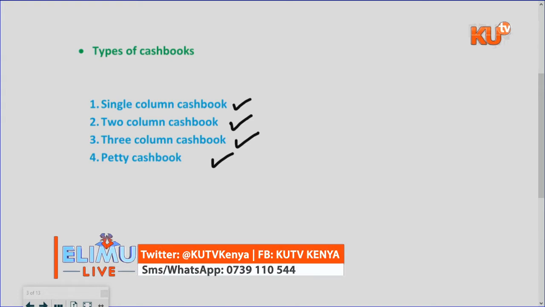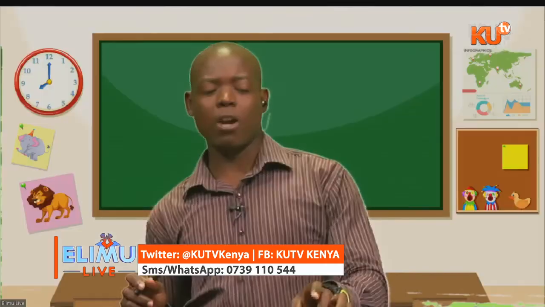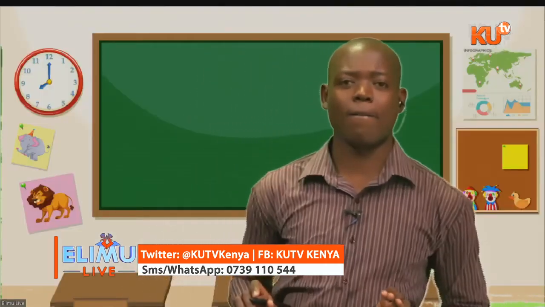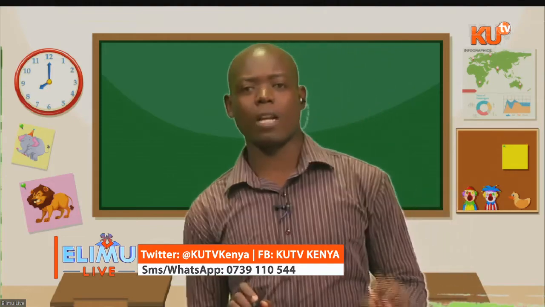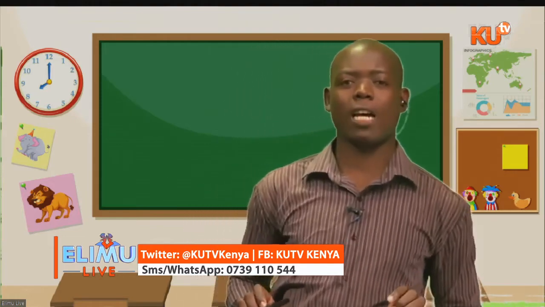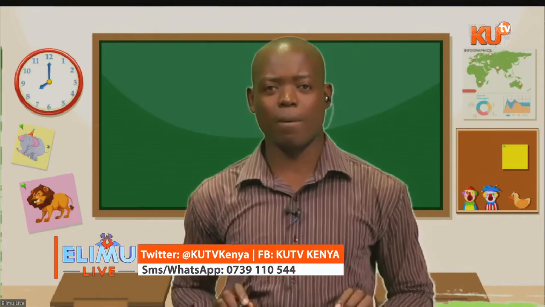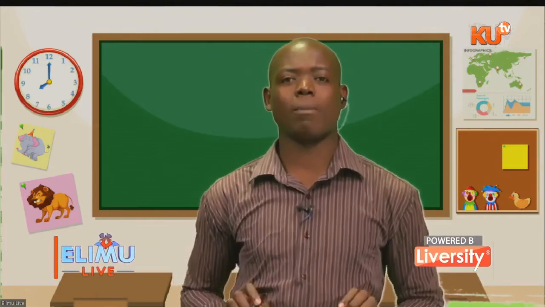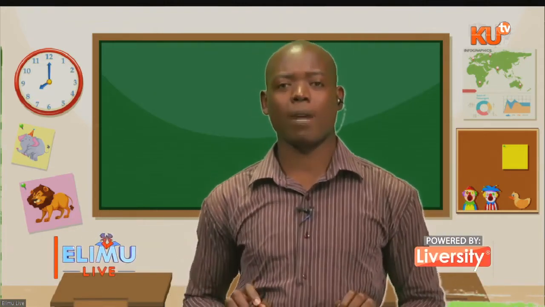And that's why, in our lesson today, we are going to discuss the first 3 types of the cash books. But because of time, we may not look at all of them, but we'll focus mostly on the 2-column cash book.